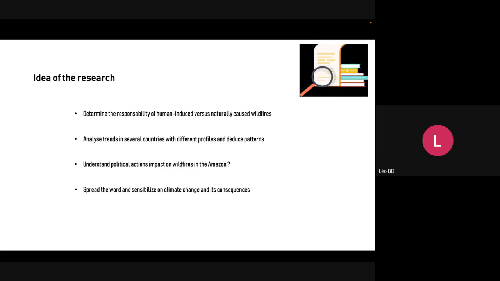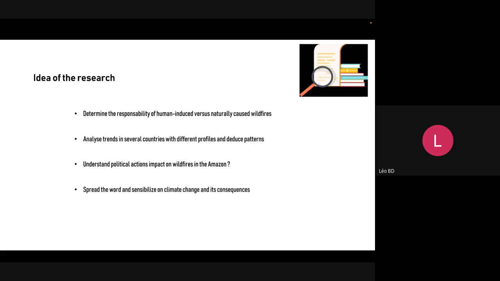And the goals of the research, eventually, if we manage, would be to determine the responsibility of human-induced versus naturally caused wildfires. To do that, we have to analyze the trends in countries and see why some countries have different profiles and some not, and try to understand these patterns.